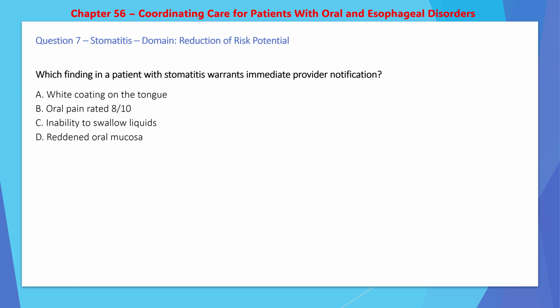Question 7, stomatitis, domain: reduction of risk potential. Which finding in a patient with stomatitis warrants immediate provider notification? A. White coating on the tongue. B. Oral pain rated 8 out of 10.